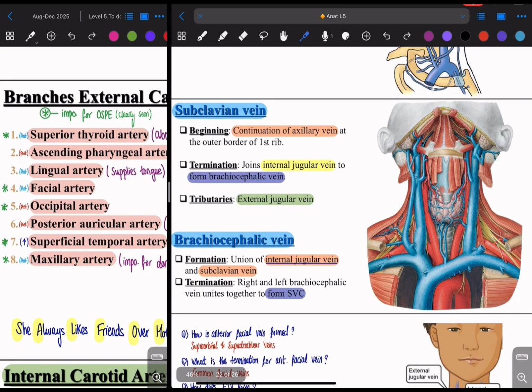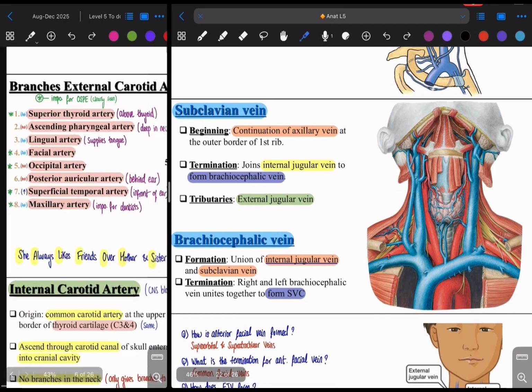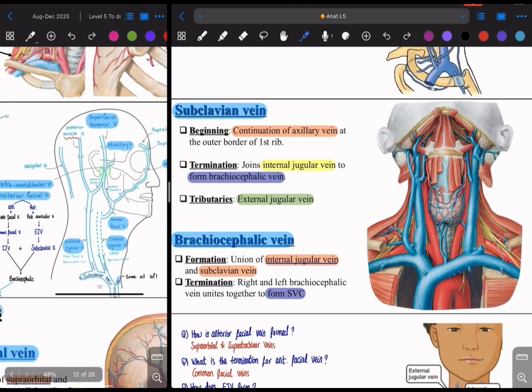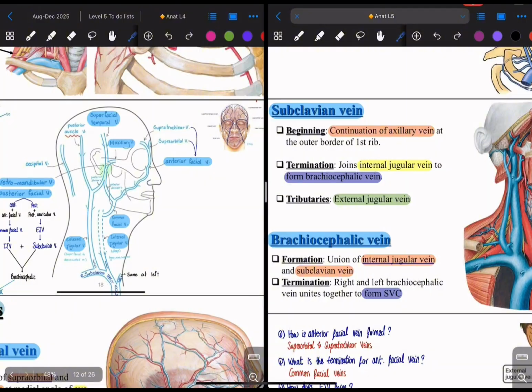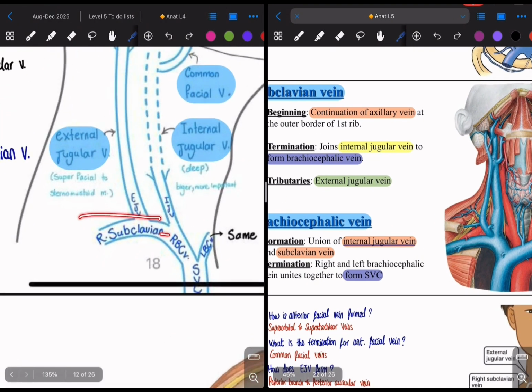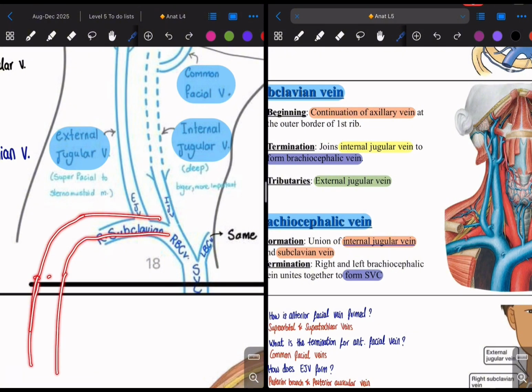Then we have the subclavian vein and the brachiocephalic vein. Let's go back to the vein diagram here. Okay? So we have a subclavian vein. Where does it begin? This is something also related to the arteries. If you remember, we said the subclavian artery goes all the way to the first rib, and once it reaches the first rib, it changes its name into axillary artery.